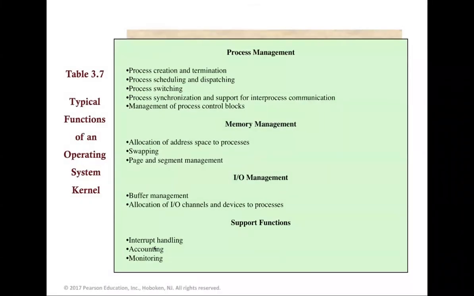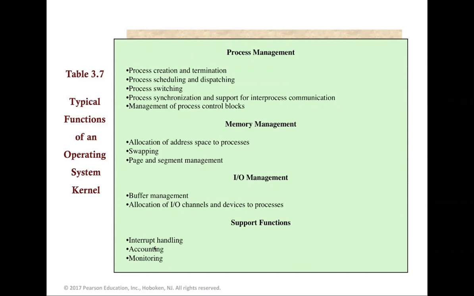If we want to understand the functionality of the kernel, that is when the processor switches to kernel mode or system mode to perform kernel functions, I would like to share with you the fundamental functions typically found in the kernel of an operating system.